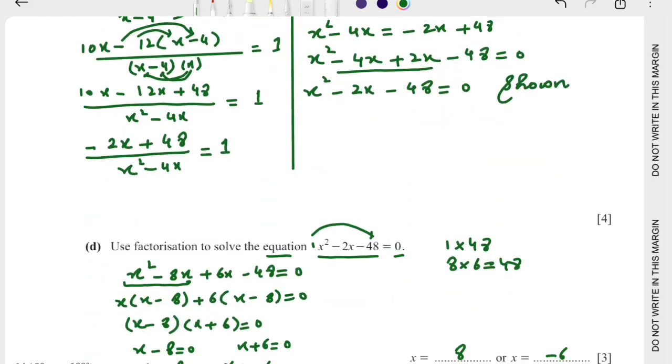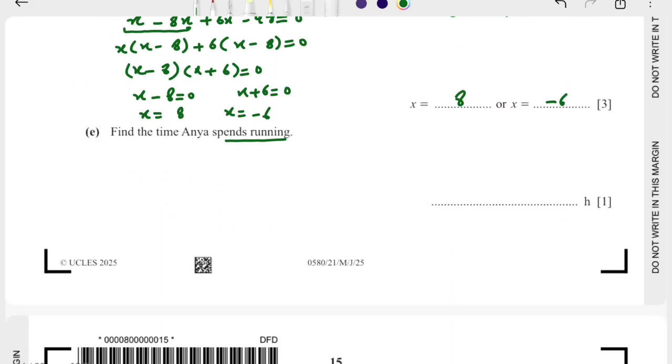So we will substitute the values of x in this expression. It will be 12 upon x means 12 over 8. We have to take positive values. Simplify it, 4 times 2, 4 times 3. So 3 upon 2 or 1.5 will be the answer. This is in hours.